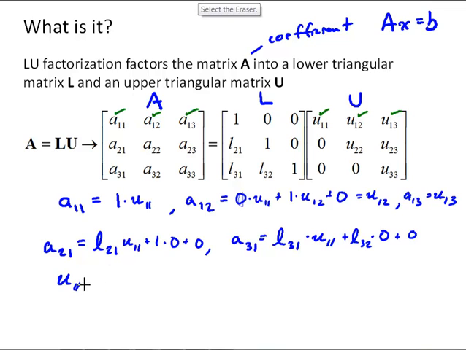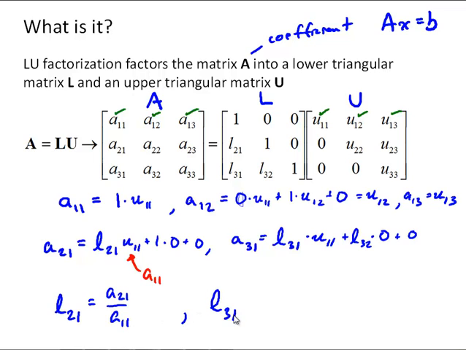Recall that U11 is equal to A11, and so we can rewrite this, solving for L21. L21 is equal to A21 over A11, and similarly L31 is equal to A31 over A11.